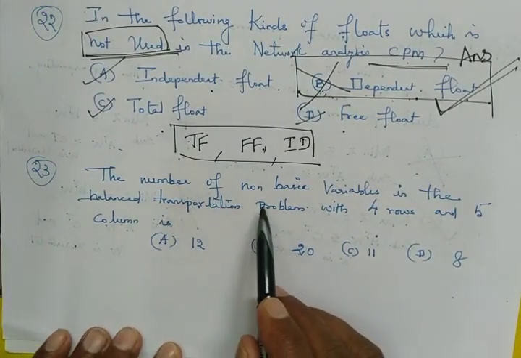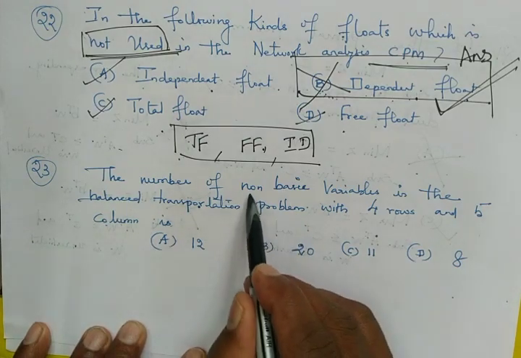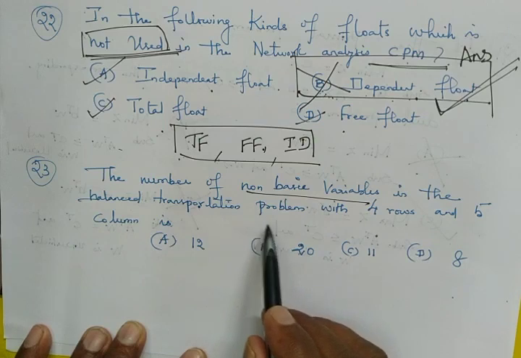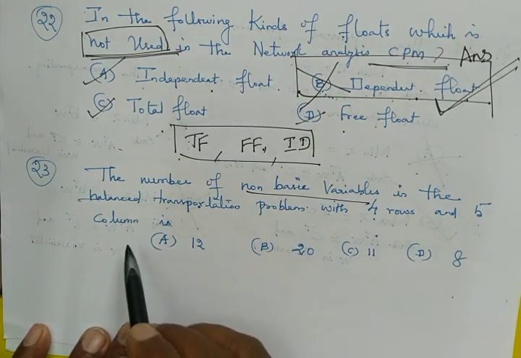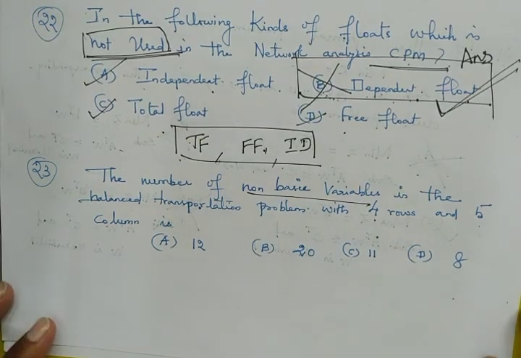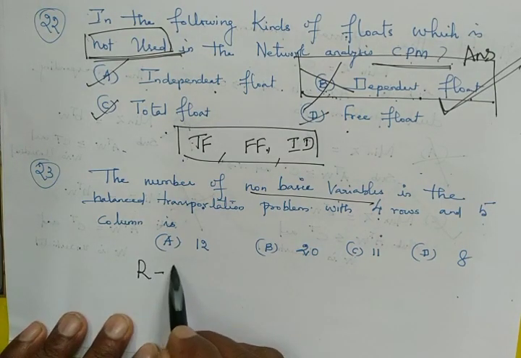The number of non-basic variables in the balanced transportation problem with 4 rows and 5 columns is? Now they are asking for non-basic variables. First you find the basic variables, then we will discuss the non-basic variables. Here the row is 4, which is m, small m.